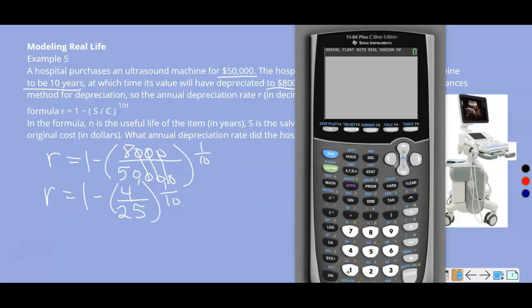So let's type this in, and we got 1 minus, and then we're going to have 4 divided by 25, and that's going to be raised to the 1/10 power. And this is going to give us a decimal. So it's going to give us 0.167.